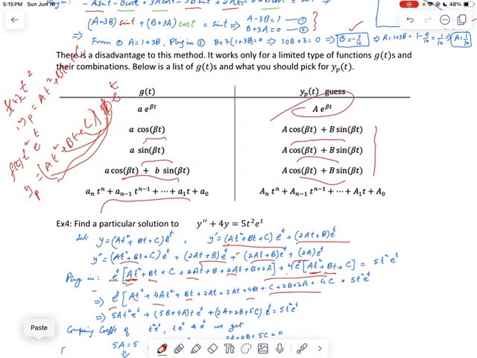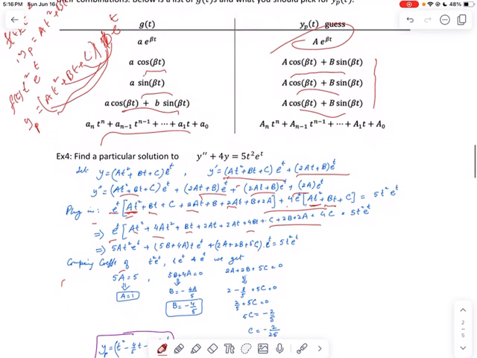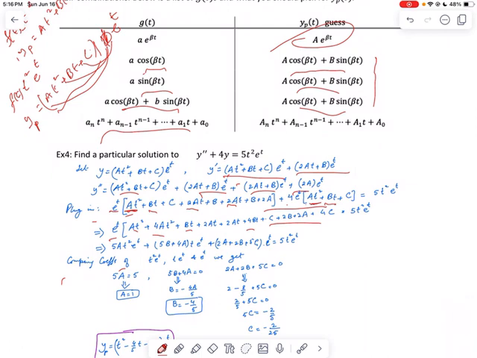For example, this 2at plus 2at becomes 4at, and separating the terms of t squared, t, and then constant. And now we will compare those coefficients, the coefficients of t squared e to the t, t e to the t, and just e to the t.